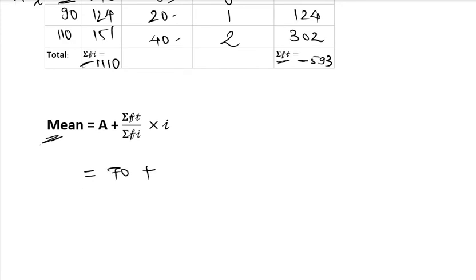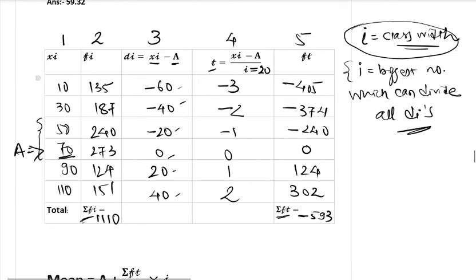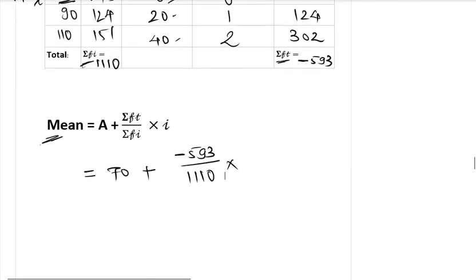Plus what is sigma ft? Minus 593 upon what is sigma fi? 1110 multiplied by what is I? I is the biggest number which can divide all the di's, which is nothing but 20, right?